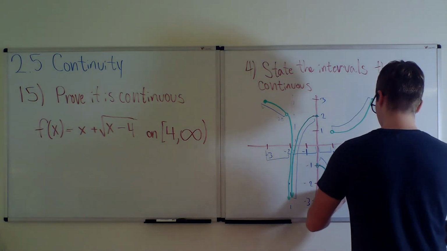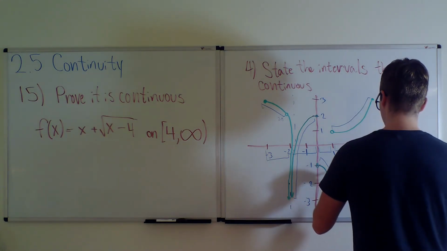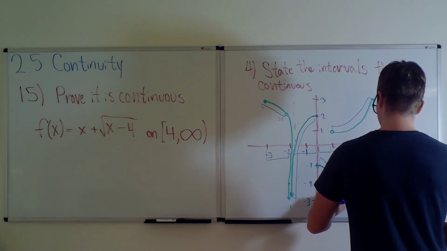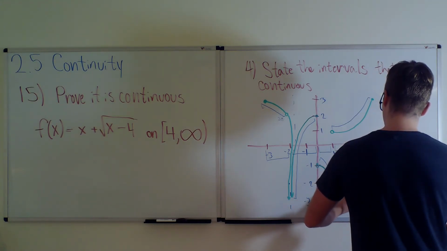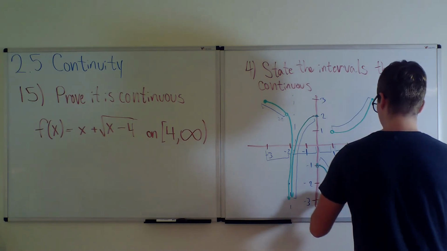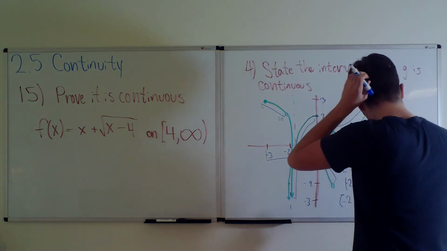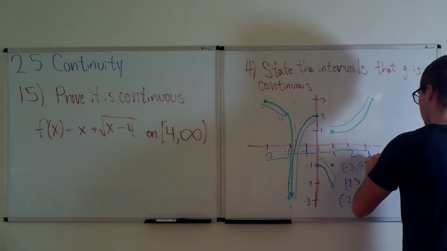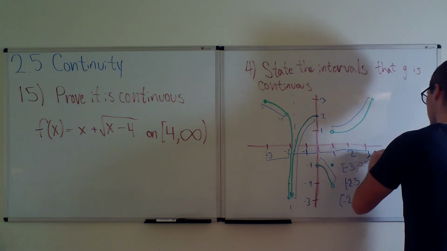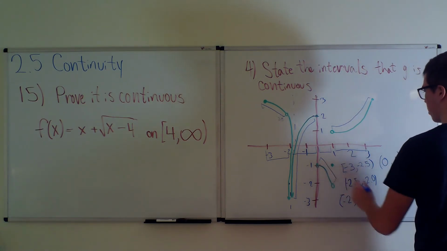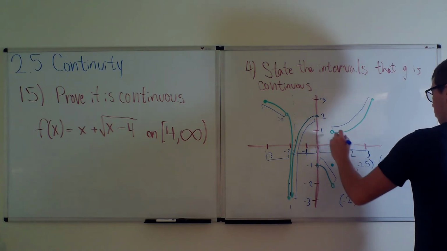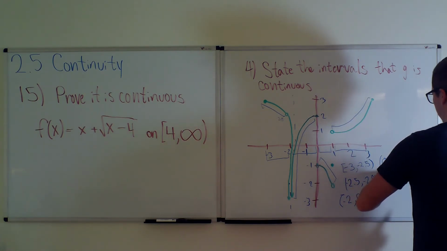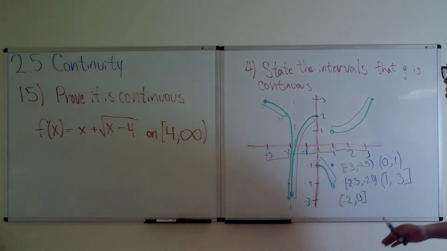Then from -2 to 0, it includes 0, it doesn't include -2, right? And then from 0 to 1 doesn't include either because there's holes right there. And then from 1, doesn't include, all the way to 3 where it does include, right?